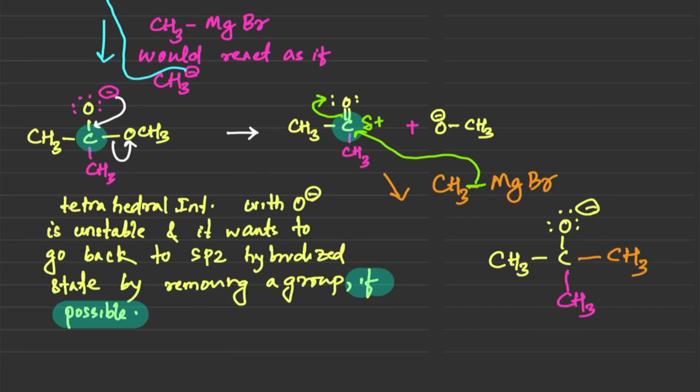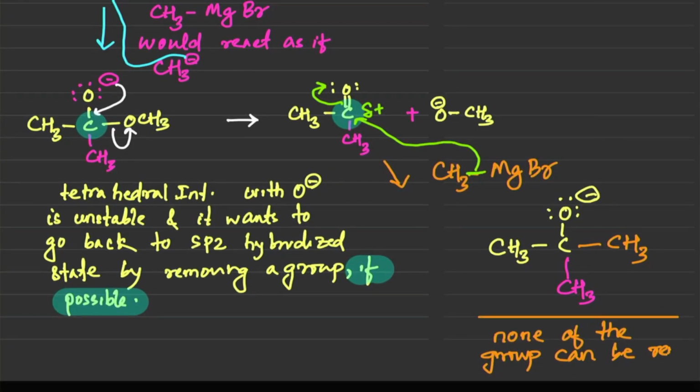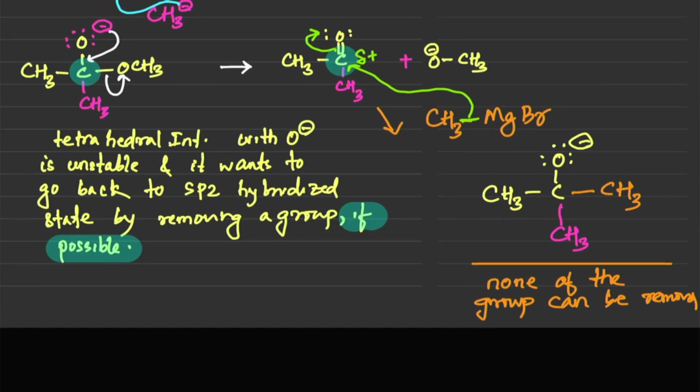And at this point, can I remove any group? None of the groups can be removed, because CH3 minus is going to be a bad leaving group because it's highly basic. So you cannot kick out any of the groups. So this is where it's going to stop.